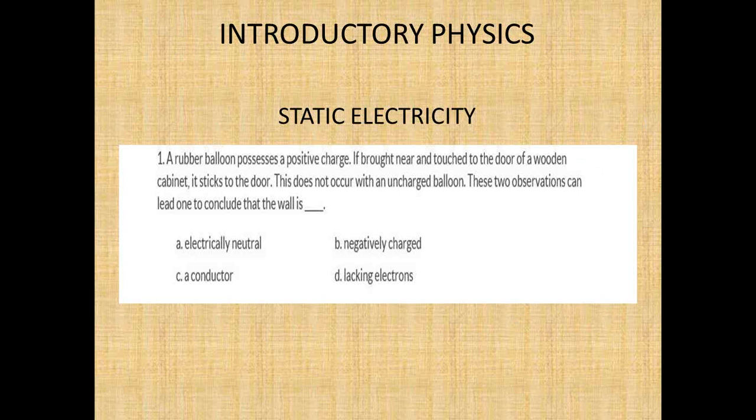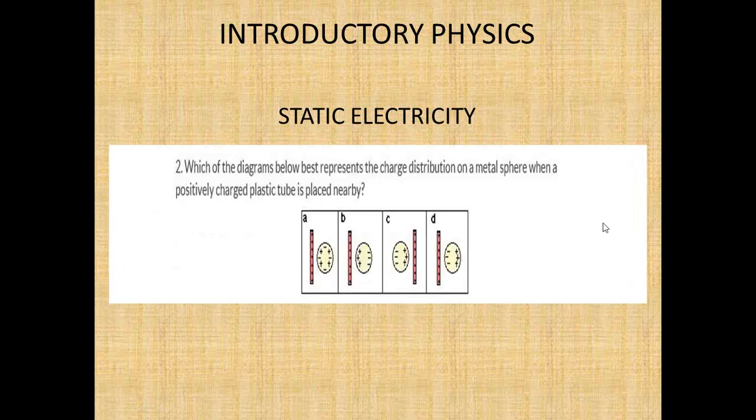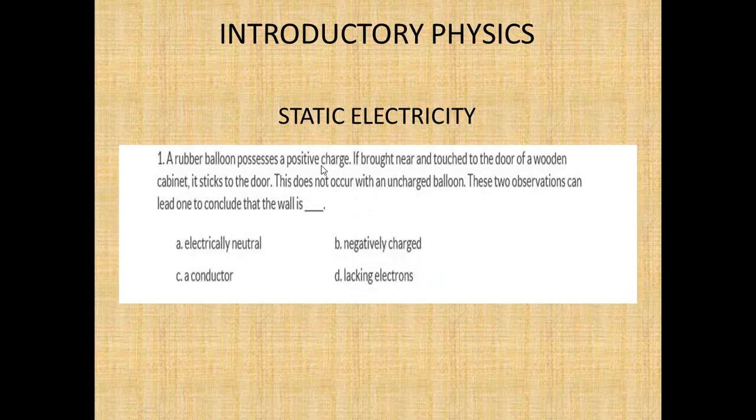These two observations can lead one to conclude that the wall is... So let's go back. A rubber balloon with a positive charge is brought near and touched to the door of a wooden cabinet. It sticks to the door. And this would not occur if the balloon was uncharged.